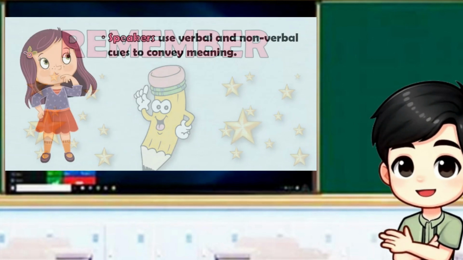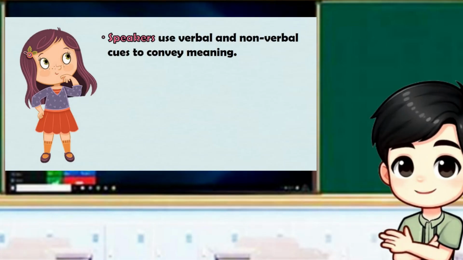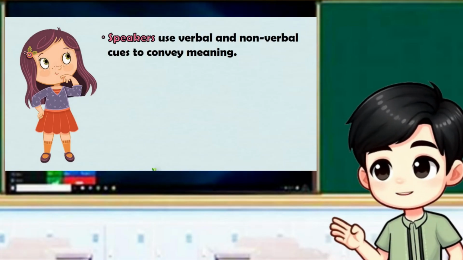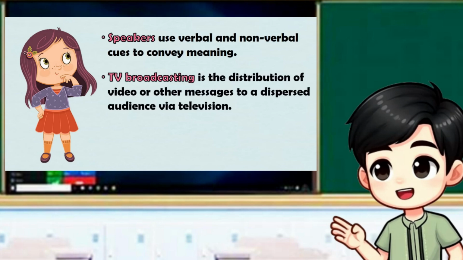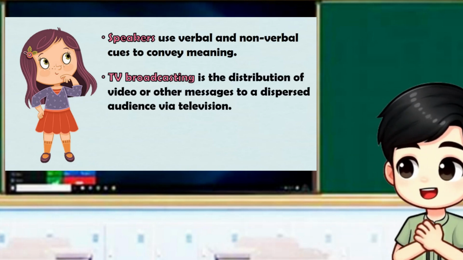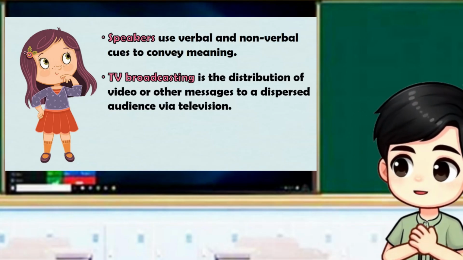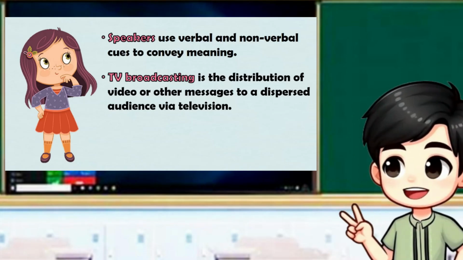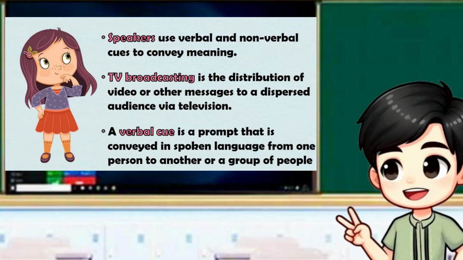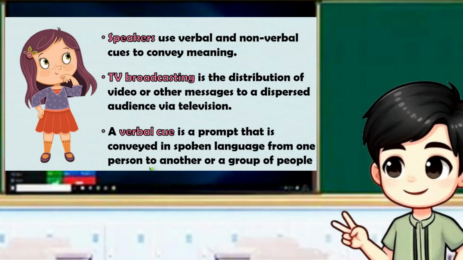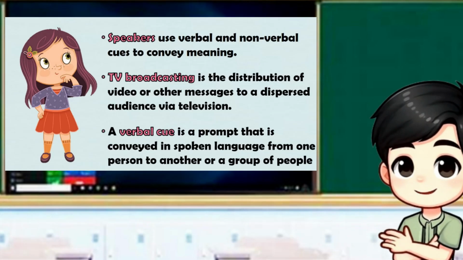Remember, speakers use verbal and nonverbal cues to convey meaning. TV broadcasting is the distribution of video or other messages to a dispersed audience via television. A verbal cue is a prompt that is conveyed in spoken language from one person to another or a group of people.